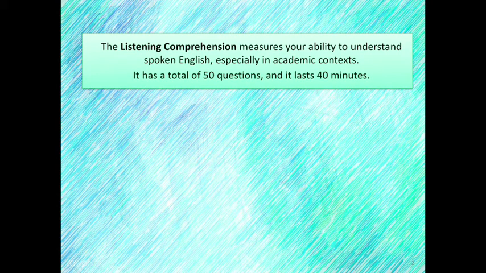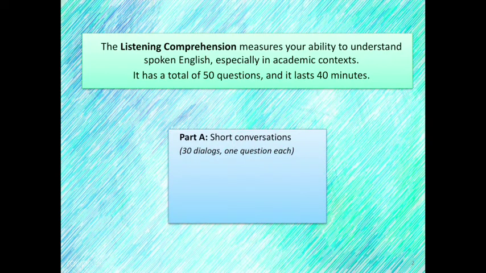This part of the test measures your ability to understand spoken English, especially in academic contexts. It has a total of 50 questions and it lasts for 40 minutes. There are three parts. Part A has very short conversations.